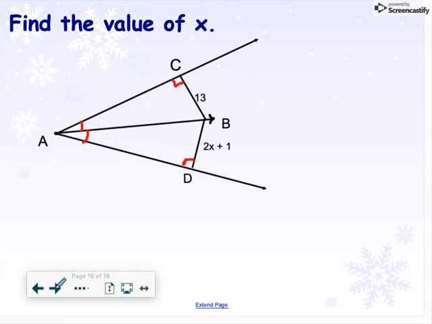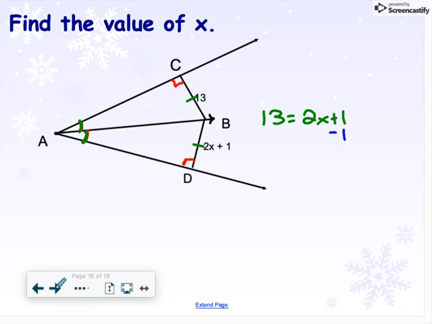Looking at this one here, we are told that it is an angle bisector. We are shown right here that this angle is bisected. So now we have to use the angle bisector theorem. That tells us that these segments, those distances from the bisector to the sides, are equidistant, meaning we can set them equal to each other and then solve for x.